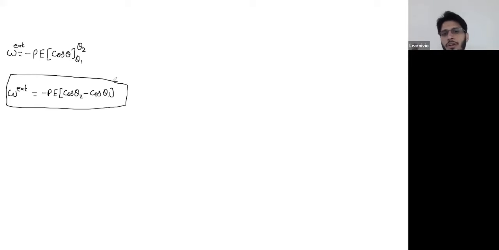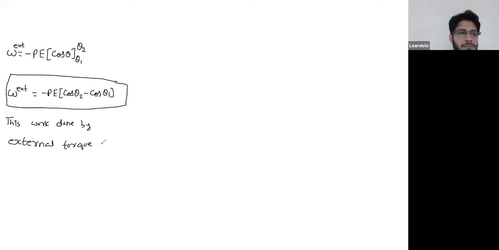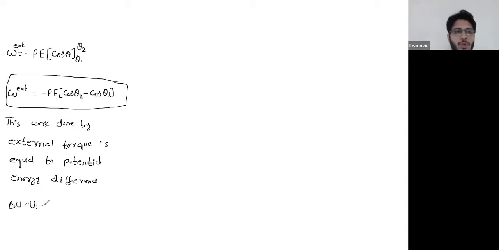And this work done by external torque is exactly equal to the potential energy difference. This is how we calculate potential energy. So the potential energy difference delta U is equal to final potential energy minus initial, U2 minus U1, which is equal to the work done by external torque.